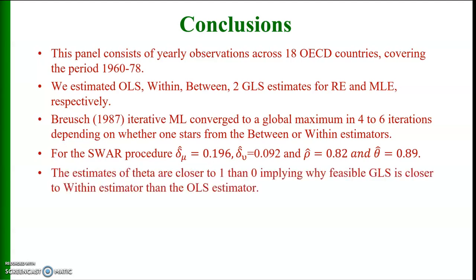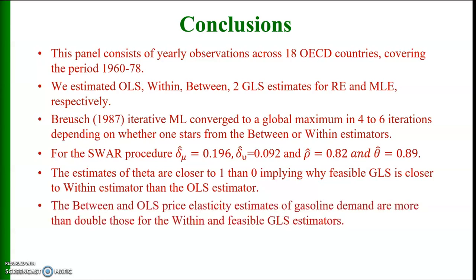These estimates for theta are closer to 1 rather than 0, which implies the feasible GLS is closer to the within estimator rather than the OLS estimator. The between and OLS price elasticity estimates of gasoline demand are more than double those for the within and the feasible GLS estimators.